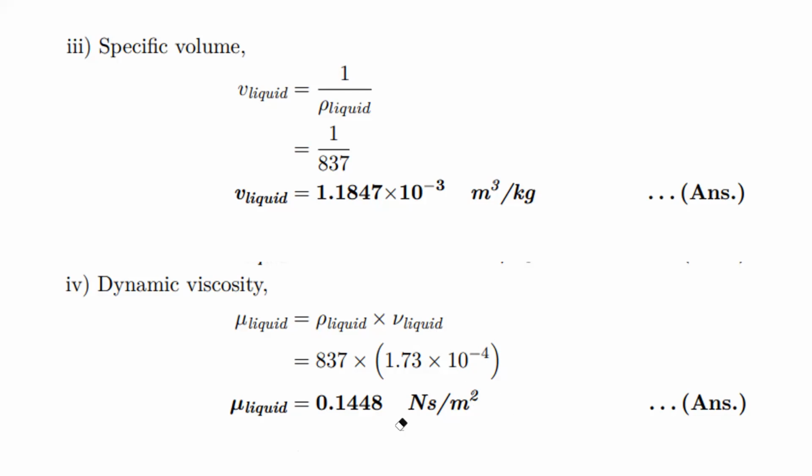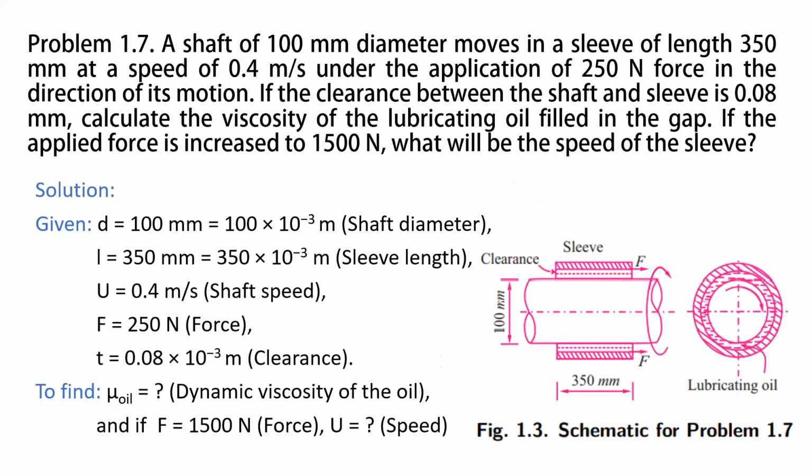Okay, so this is the unit of the dynamic viscosity. So what is the CGS unit of this one? That will be Poise. Generally, when we solve, we keep it in SI units. Therefore, I'll use Newton second per meter square. Next problem.